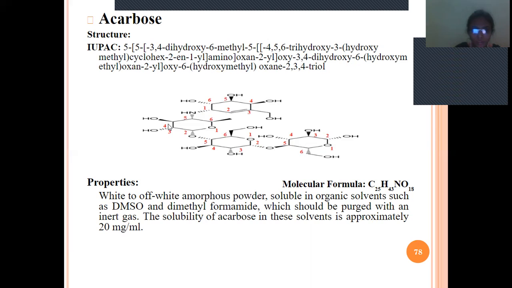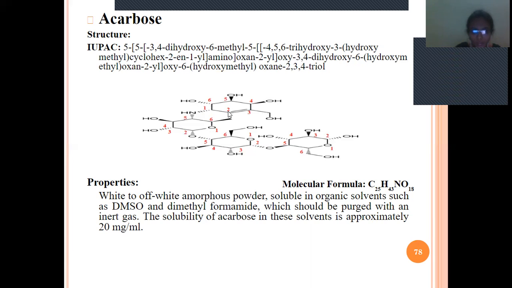See here the structure: 3,4-dihydroxy, 6-methyl, and here 4,5,6-trihydroxy-3-hydroxymethyl cyclohexane.